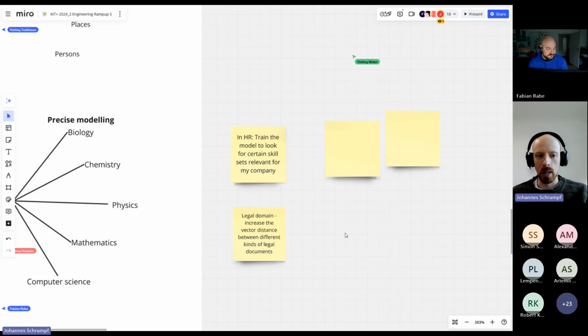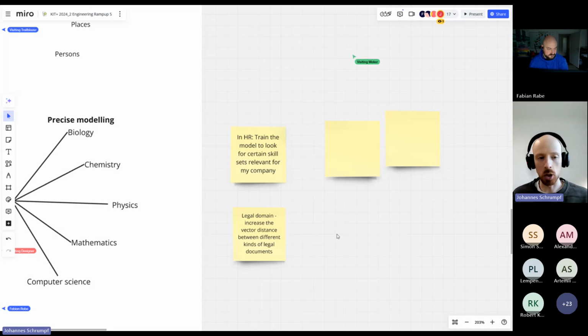Yes, thanks a lot. I also feel like this is something where you, as small and medium-sized companies, have an advantage. Some of you are very specialized in your fields and have a lot of documents that are very particular to the business model of your company, but also the economic domain that you are in.